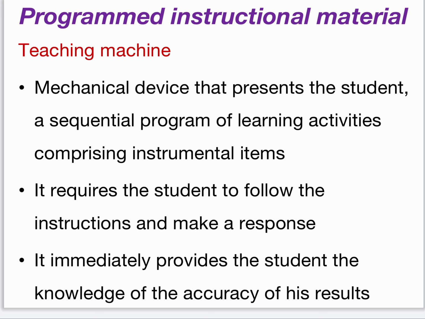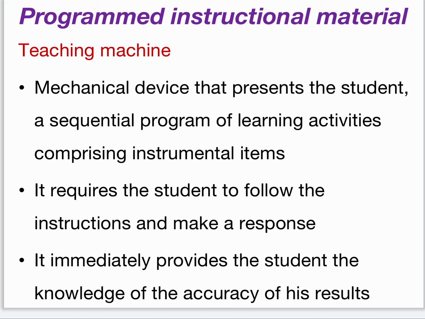In teaching machine, we have a mechanical device that presents the student a sequential program of learning activities comprising instructional items. So here basically we have a teaching or a mechanical device, and the stimulus is provided through this mechanical device, just like a laptop or a learning app. It requires the student to follow the instructions and make a response.